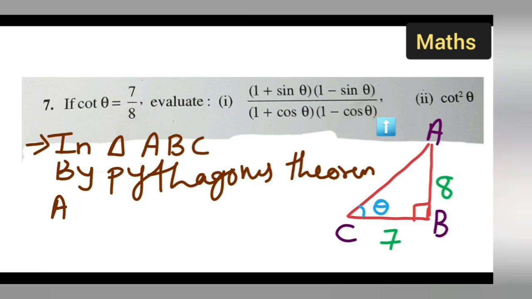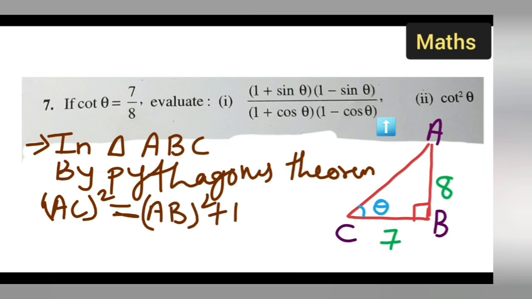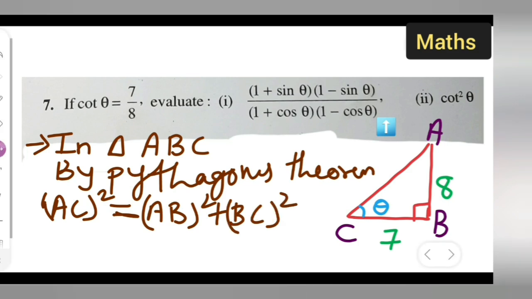AC square, that is your hypotenuse, is equal to AB square plus BC the whole square. Always the first thing is hypotenuse, then opposite and then adjacent will come.